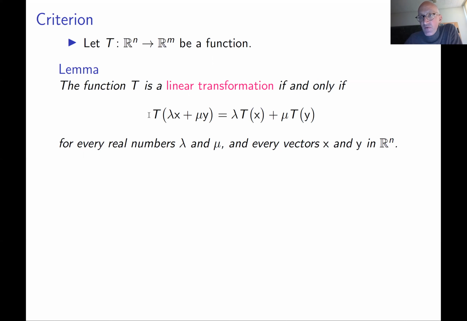For the third property, you just put mu to be 0, and then you have T of lambda x is lambda T of x, which is exactly the third property. So this basically shows you one direction of this lemma: if you have a function that satisfies this condition, then it's a linear transformation. Okay, good.